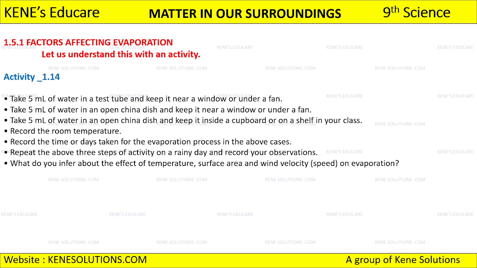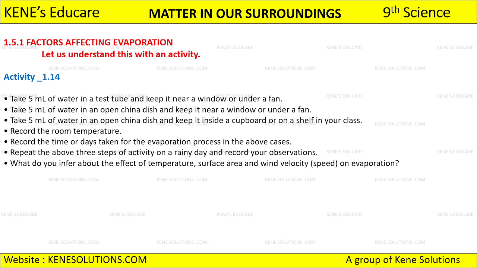And then record the time or days taken for the evaporation process in the above cases, repeating the above 3 steps of the activity on a rainy day as well, and record your observation. What do you infer about the effect of temperature, surface area and wind velocity, that is speed, on evaporation?